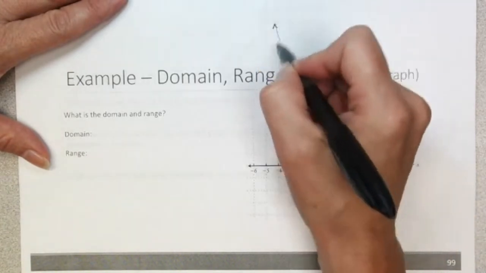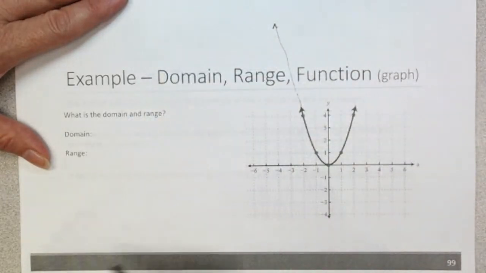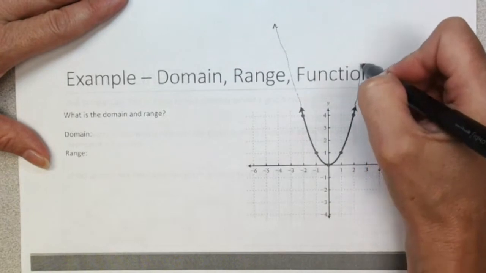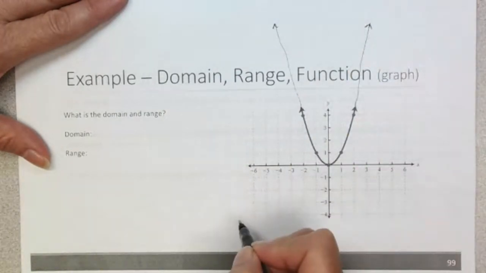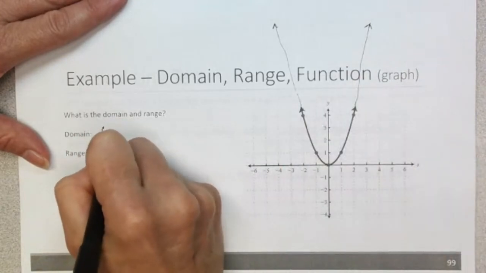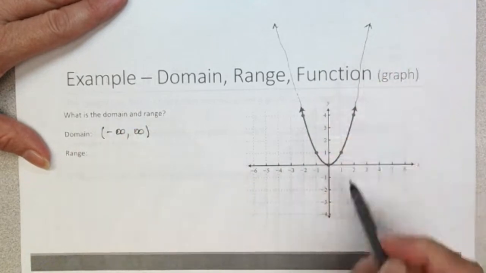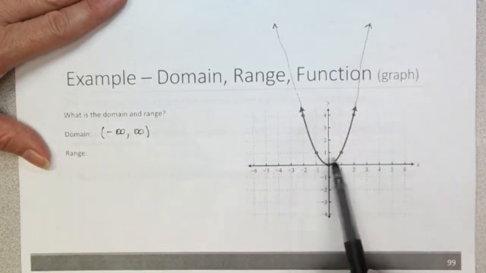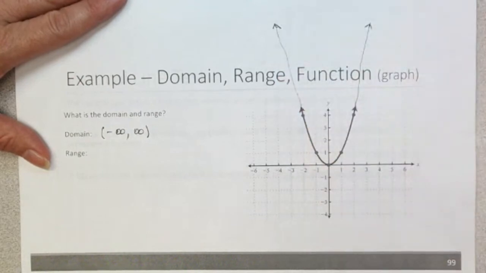It goes up forever and ever, but it also goes off to the left forever and ever, off toward negative infinity. This one does the same thing, up, but also off to the right, towards positive infinity. So the domain of this particular function, then, it has to be negative infinity to positive infinity. There are no limitations on x. I can have any input to this function, or x could take on any value here.